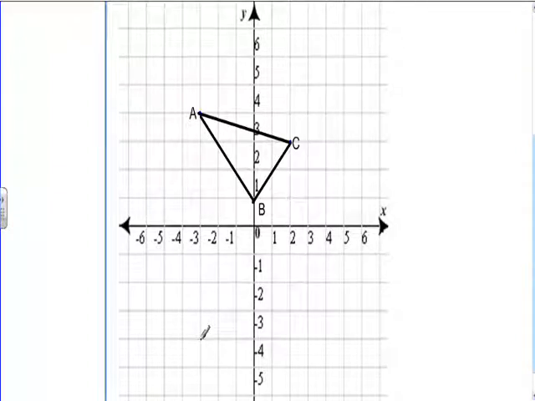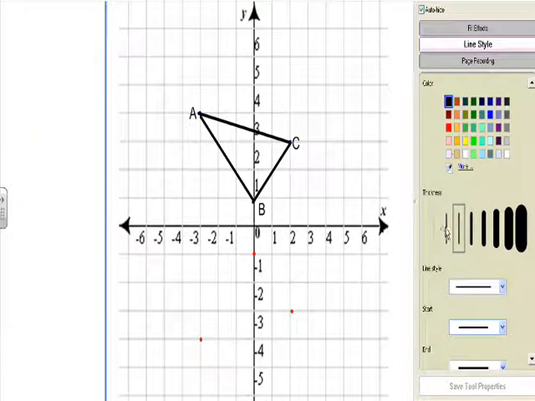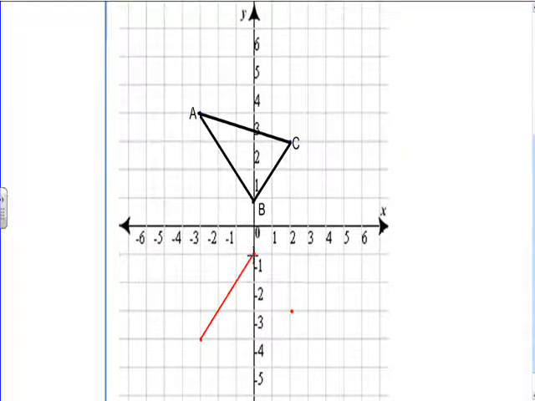A prime would be here at (3, -4). B prime would be at (0, -1), and C prime would be at (2, -3). And then all we need to do is connect those dots again. So let's make this red just so it's a different color here. So connect the points. And does it appear that this triangle has been reflected over the x-axis? It does.